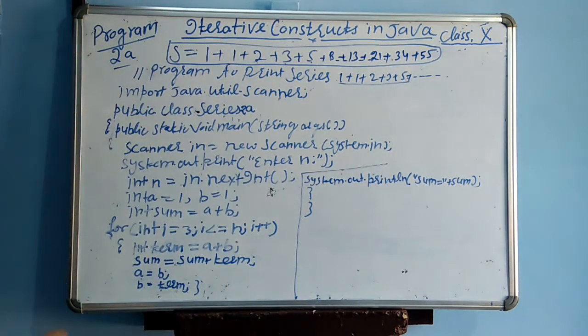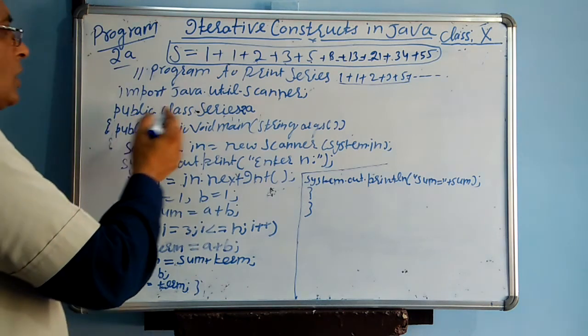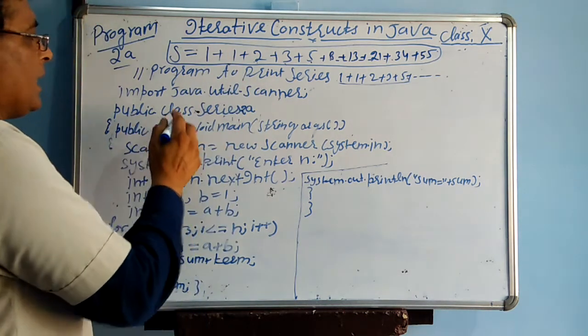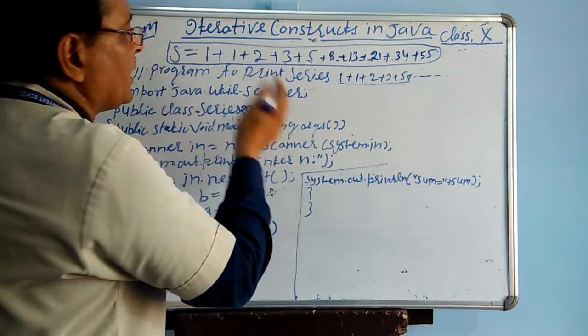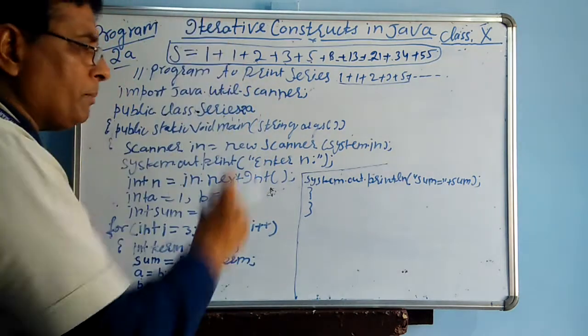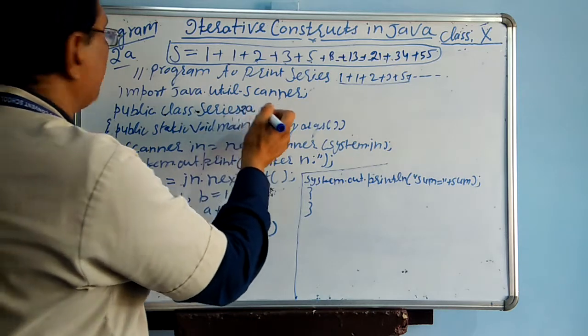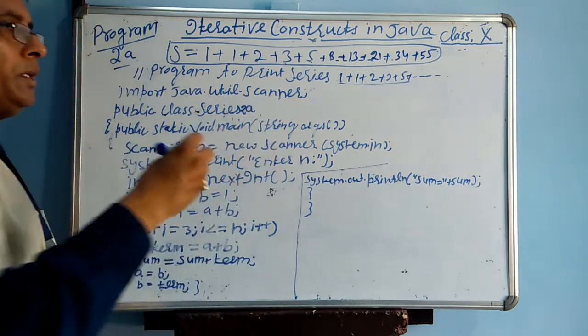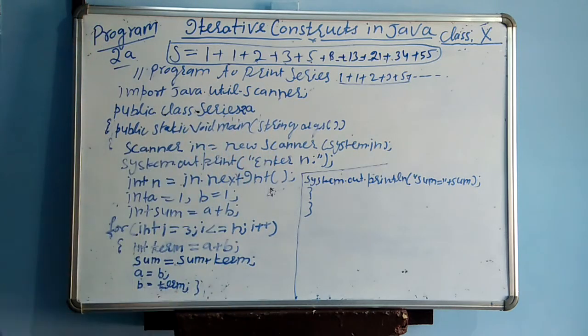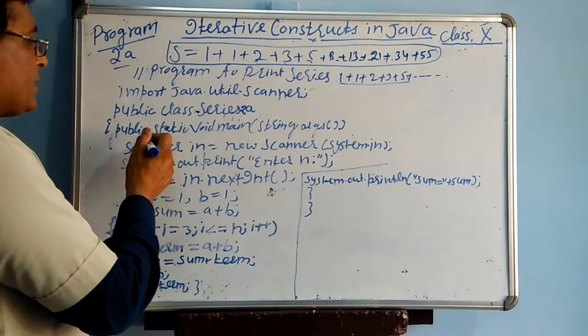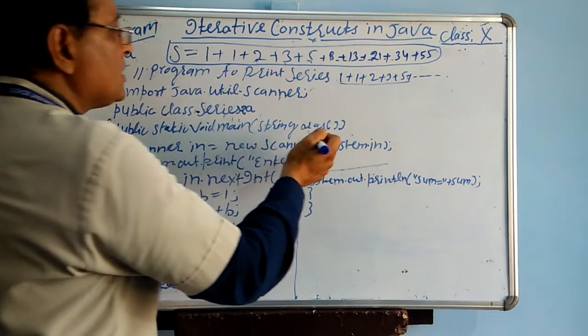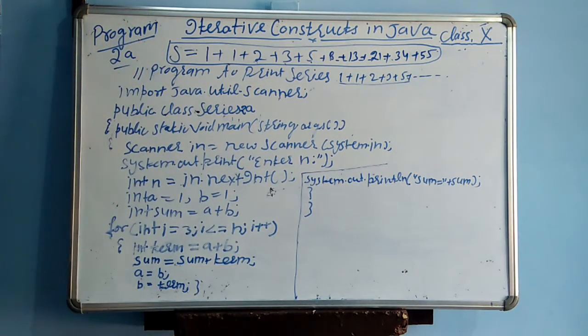Now next we have to define the class. Public class Series2A I have given, because there are so many parts here, so we will write only the 2A 1 part, 2A 3 part, B part, C part, like this. Now open brace, then public static void main, with the String args argument.